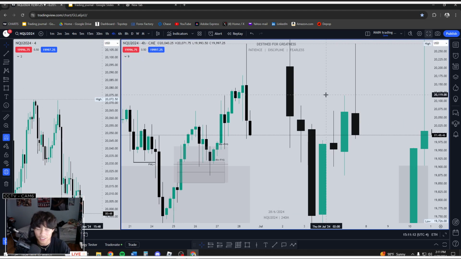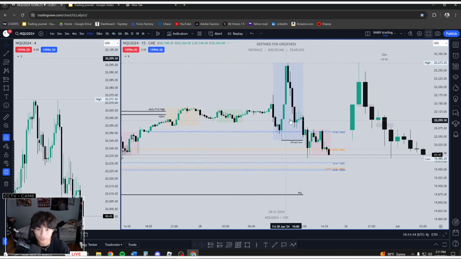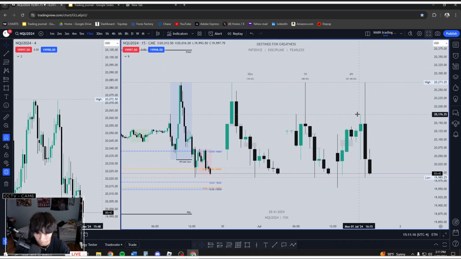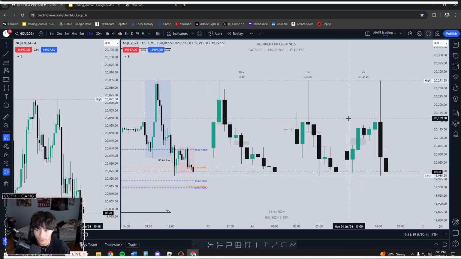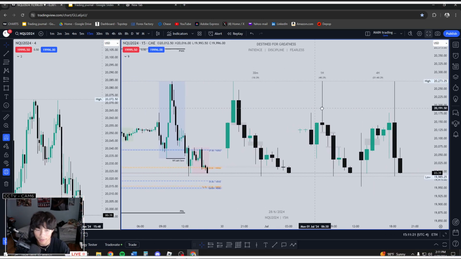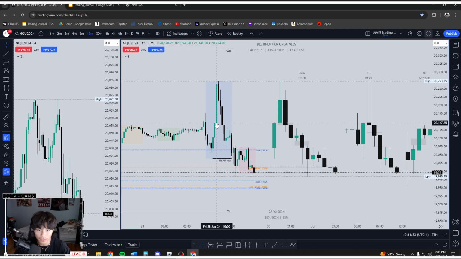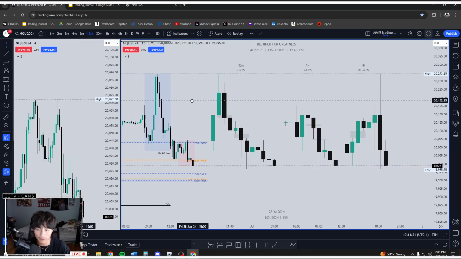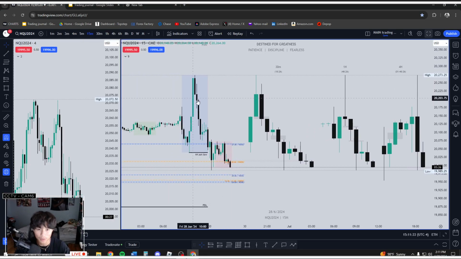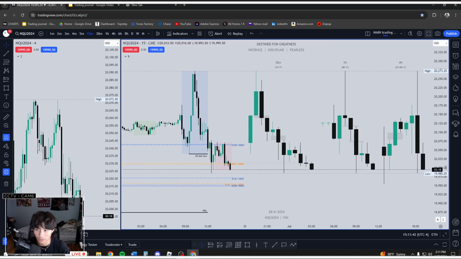My first initial thought process for today was I was going to target this 4-hour high, but right at the 10 o'clock open, we shot up higher, no retracements at all, and we take out the 4-hour high, and that was my morning objective, and I wanted to see how prices would react from there, and we just began to sell off lower and lower. I wasn't able to catch any of these moves, but it's whatever.